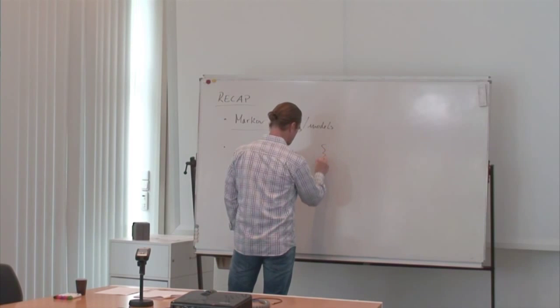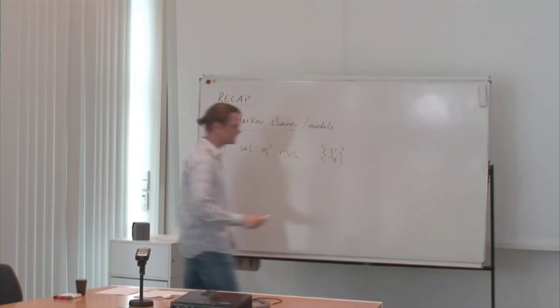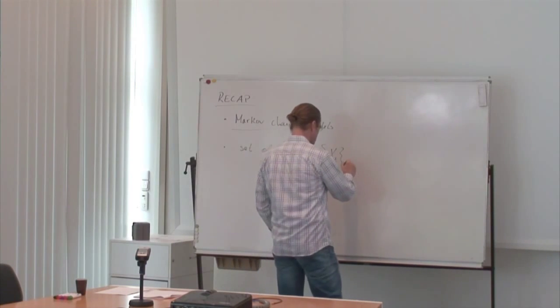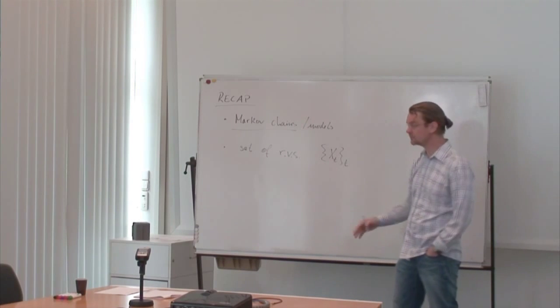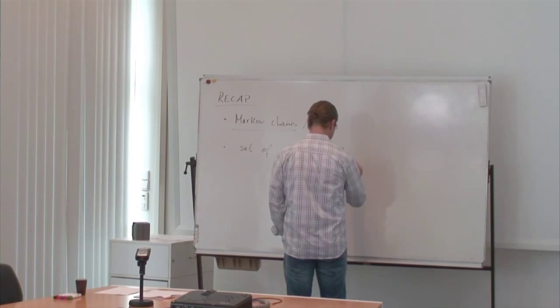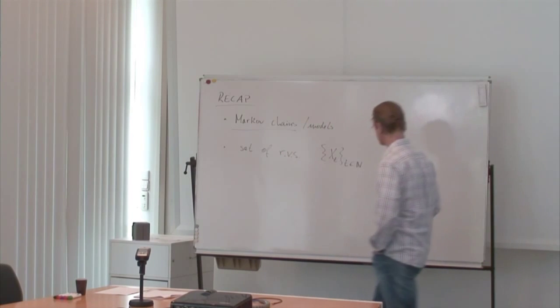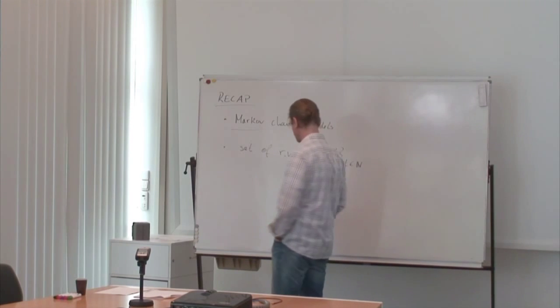Let us denote this set as x subscript t, where this t is supposed to indicate a point in time, and we are interested in discrete time processes, so let's fix this subscript to a natural number, and we are good.